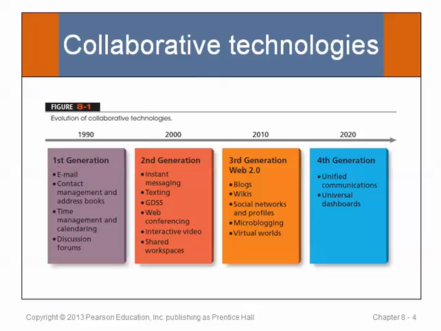Later on, we started getting into things like instant messaging and texting, web conferencing. And then right now, we're in the 3rd generation where we use things like social networks, blogs, wikis, to share information. And supposedly, the 4th generation could include unified communications and universal dashboards. So I'm going to talk about all these things in just a moment.